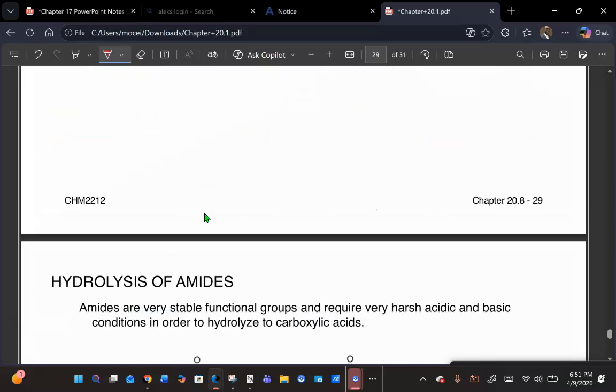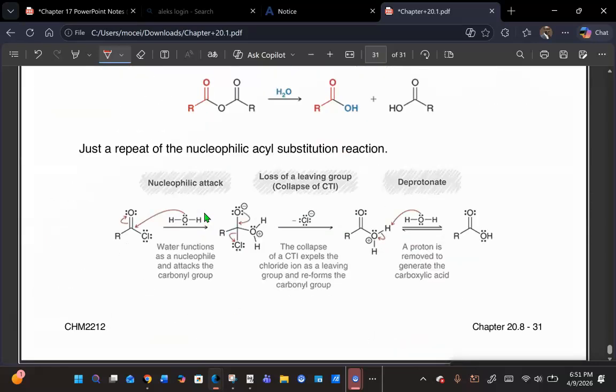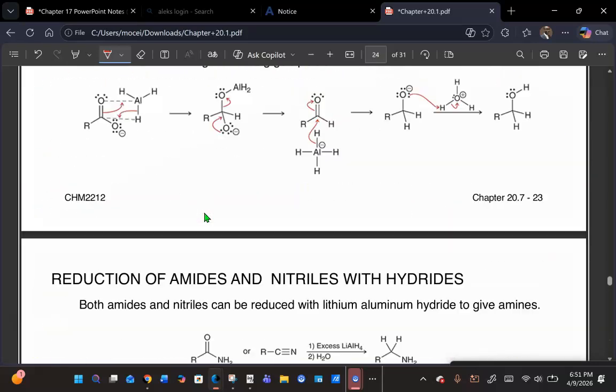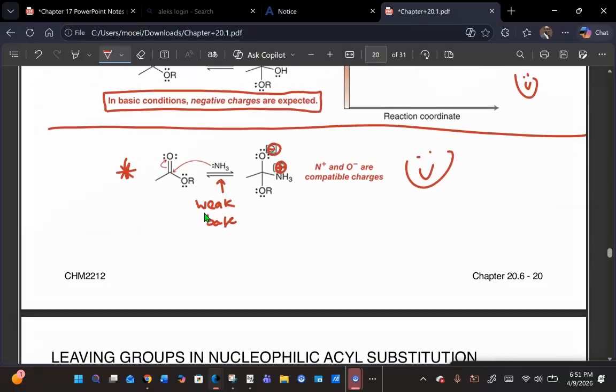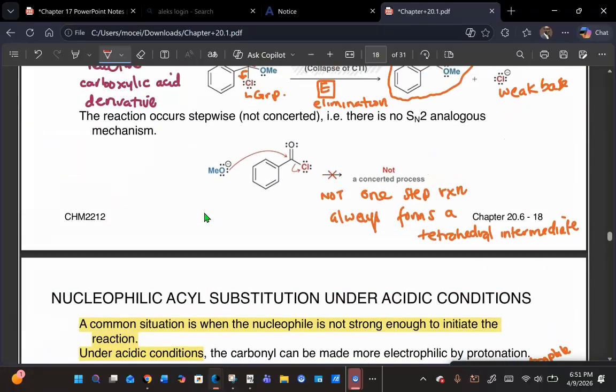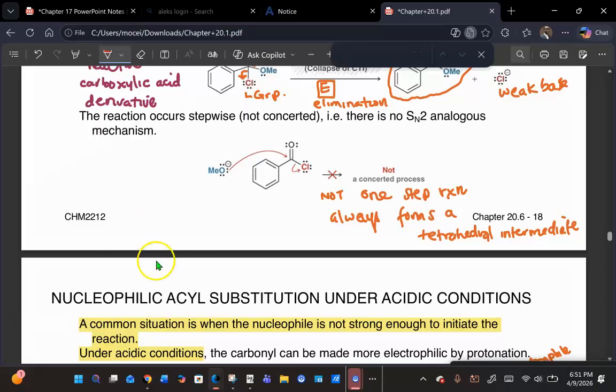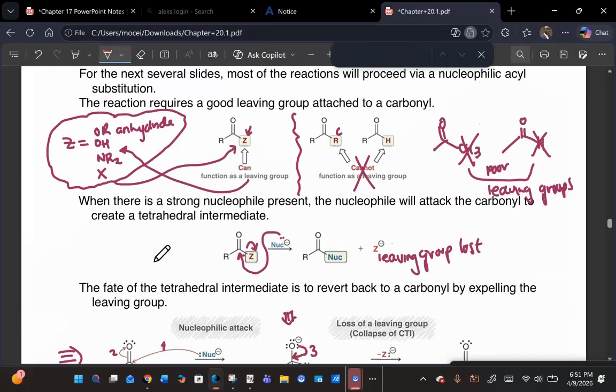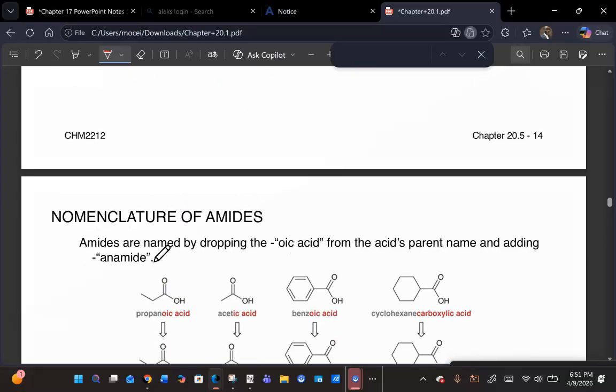Maybe that would be in the second packet. I don't know why he started with hydrolysis before Fischer. He's not going to give us the slides for that, which is annoying. There's no Fischer here. Anyway, you got the idea.